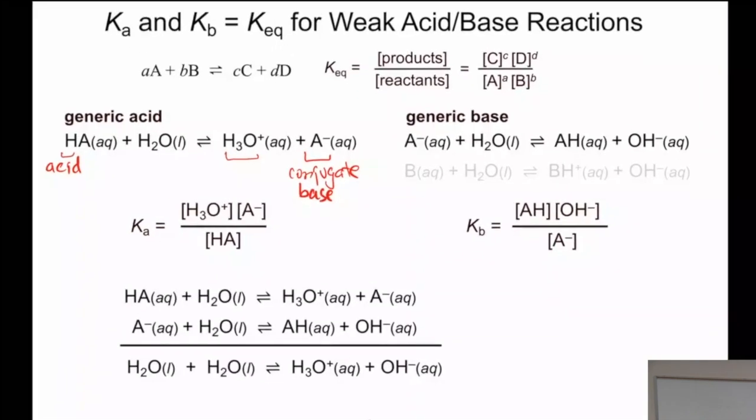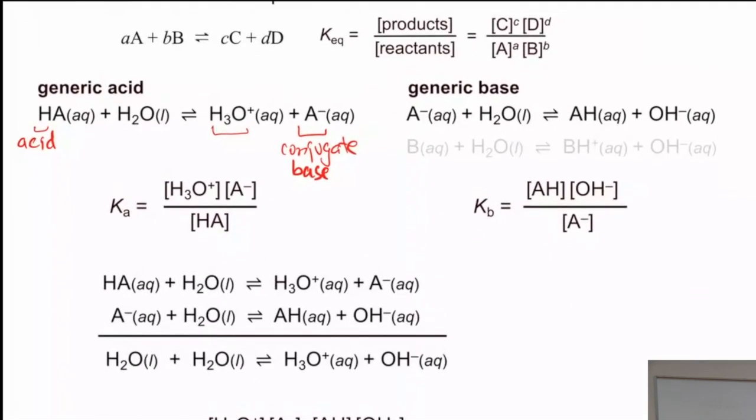Now it's grayed out here, but here's a generic base. The Bronsted-Lowry definition of a base is that it accepts protons from solution. So that base is going to accept an H plus from solution. When it does, it looks like that, BH plus. It was the same base, whatever that is, but it's acquired an H plus, so now it's going to have an overall 1 plus charge from what it had before.